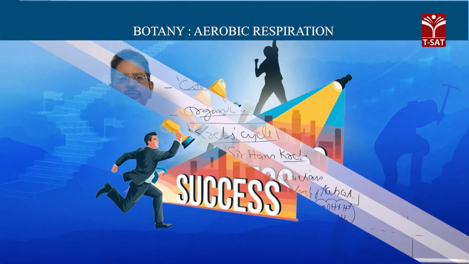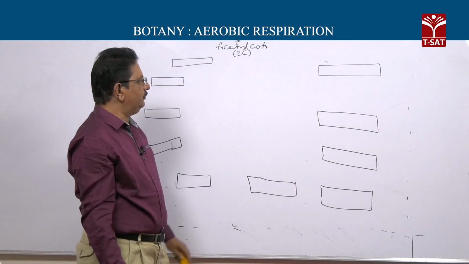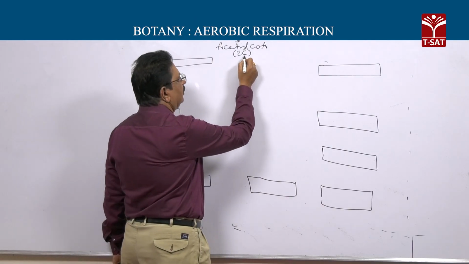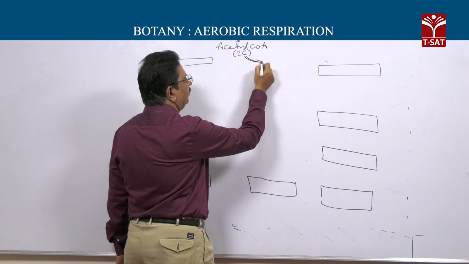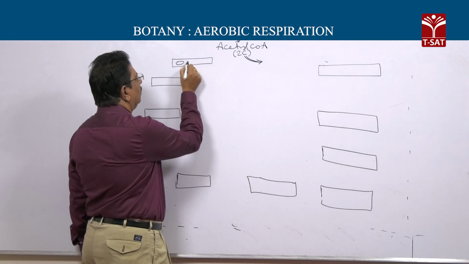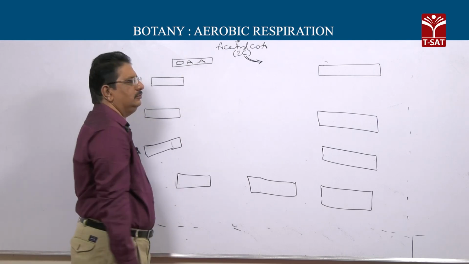We will now discuss the details of the Krebs cycle in equations. During the Krebs cycle, acetyl coenzyme A is condensed with oxaloacetic acid.